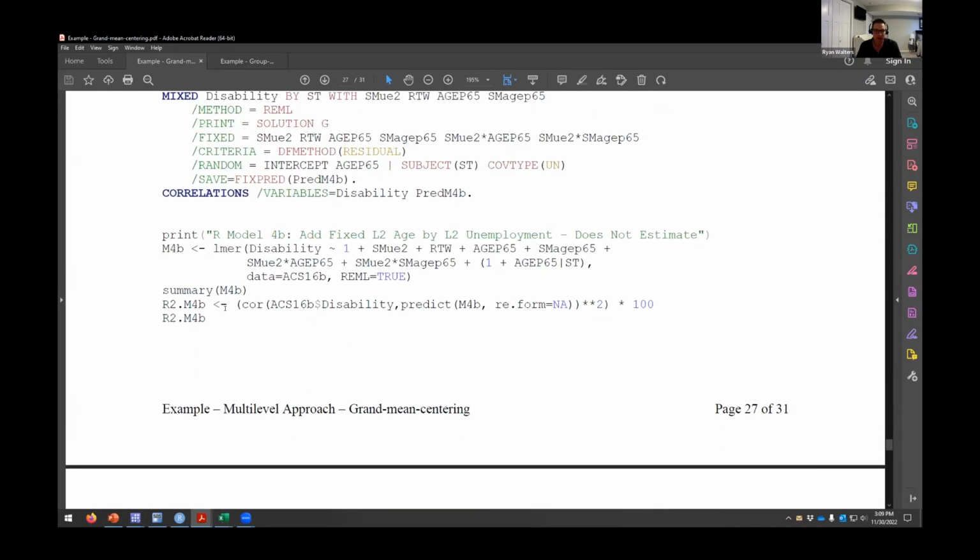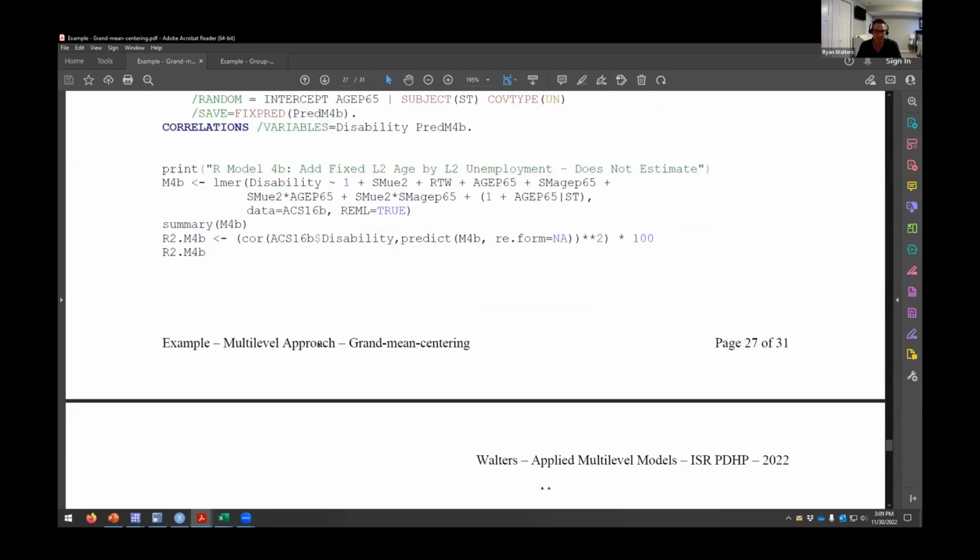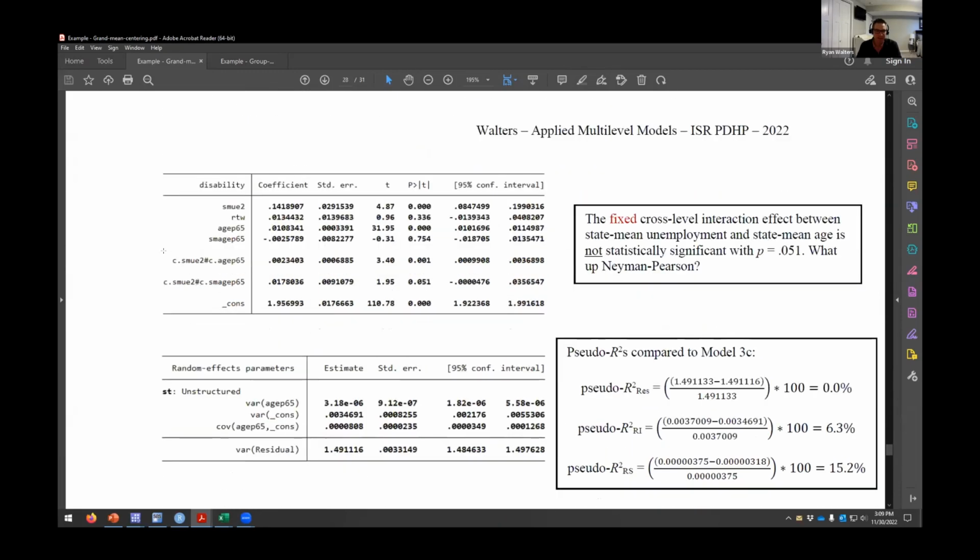But the reason we're estimating this state mean unemployment by state mean age interaction is so that this state mean unemployment by person age interaction effect can be a pure cross-level interaction with a level 1 predictor. And we can see that it shifted around a little bit.